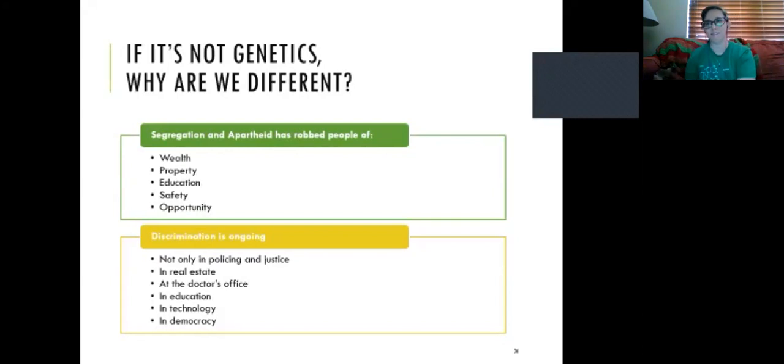The other part, so we look to the past through the segregation in the past. The other part is what's ongoing now. Discrimination happens every day. We've been talking about policing and criminal justice lately, but that's not the only place where discrimination takes place.